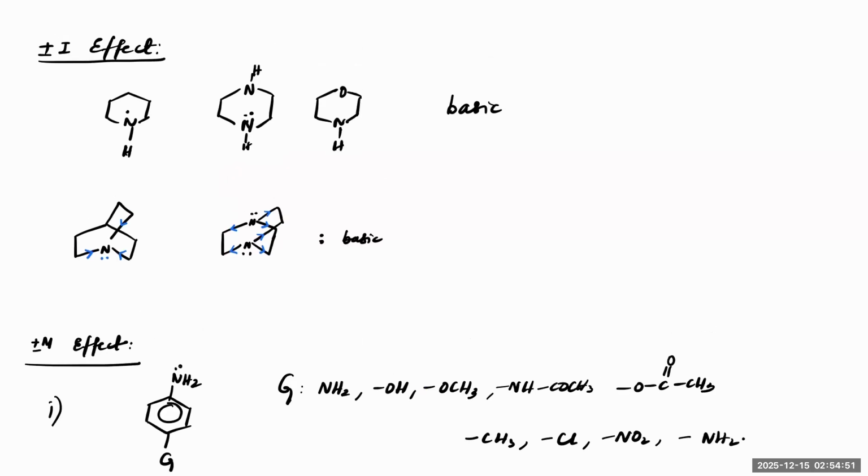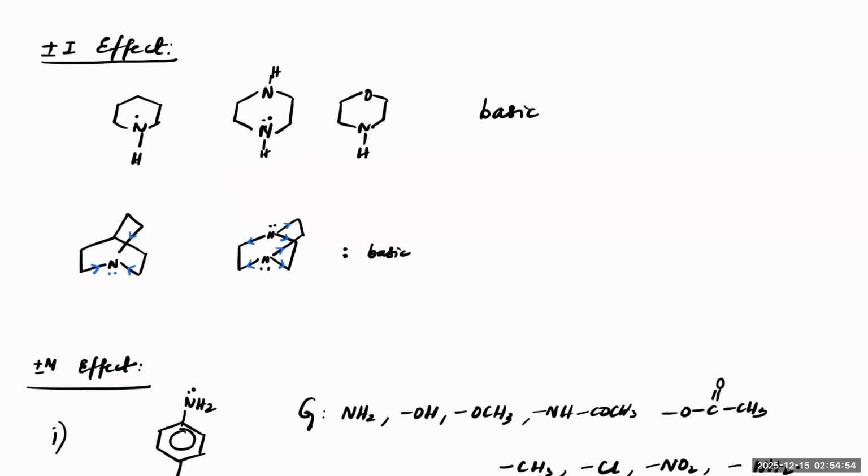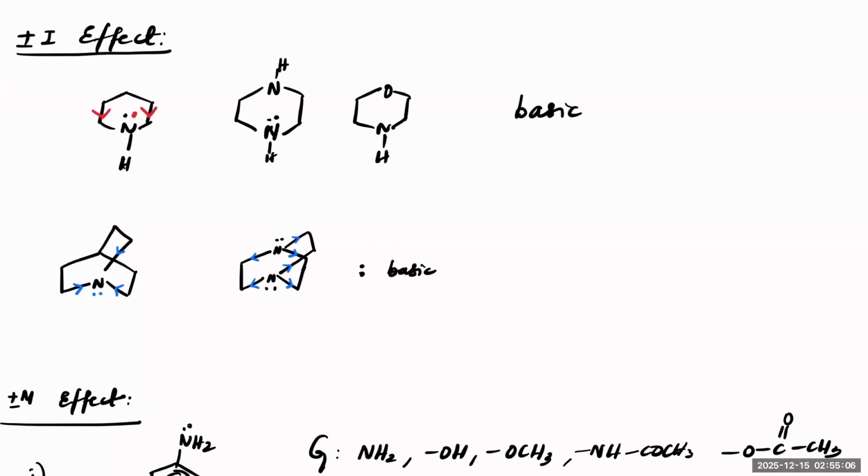Now notice the case where there is only plus I and minus I being applied. Now the first case is sp3. In fact, all of them are sp3. And notice from the side direction, these methyls are actually donating from both directions. While here, this is sp3, lone pair is available. But from the other end, the second nitrogen will start pulling it.